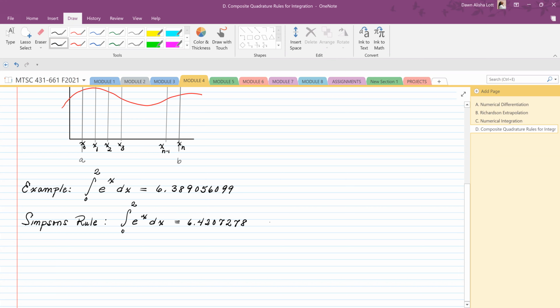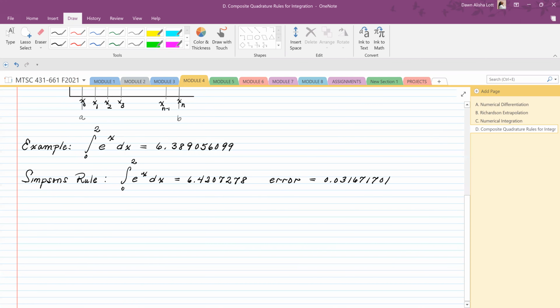And so my error is equal to 6.389056099 minus 6.4207278, so I get minus 0.031671701.